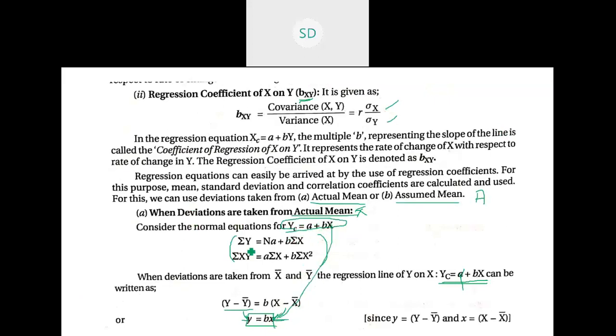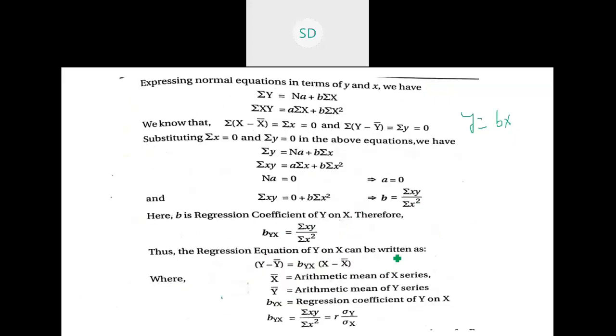Now, let us take these two simultaneous equations and derive some value, expressing normal equations in terms of y and x. Now, what is y? Small y is equal to y minus y bar. Small x is equal to x minus x bar.